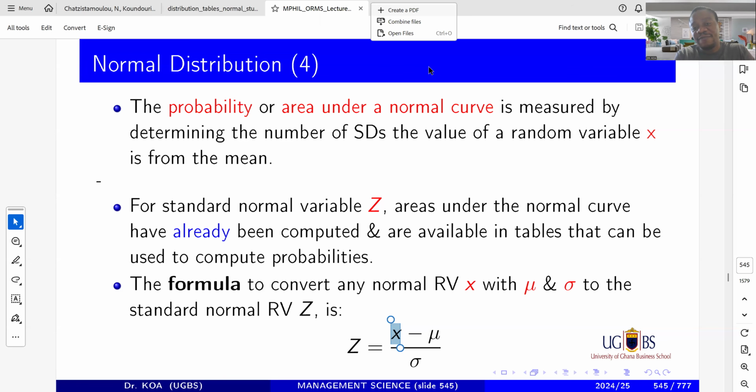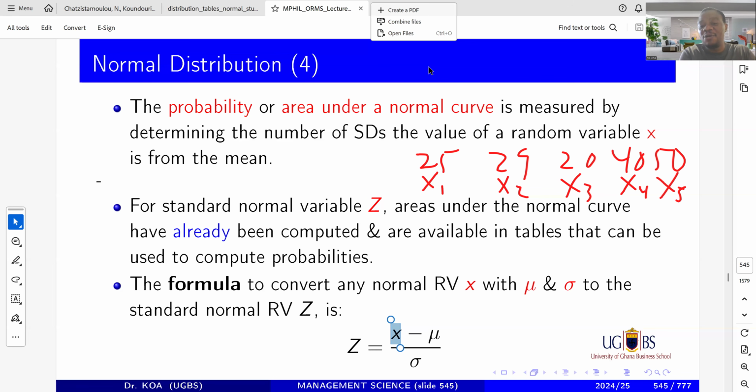One of them is 25 years, one of them is 29, one is 20, one is 40, and the other is 50. These are five people. Each of these numbers is represented by x. So this one is X1, this one is X2, this one is X3, this one is X4, and the last one is X5. And when you put all of them together, we have capital X.